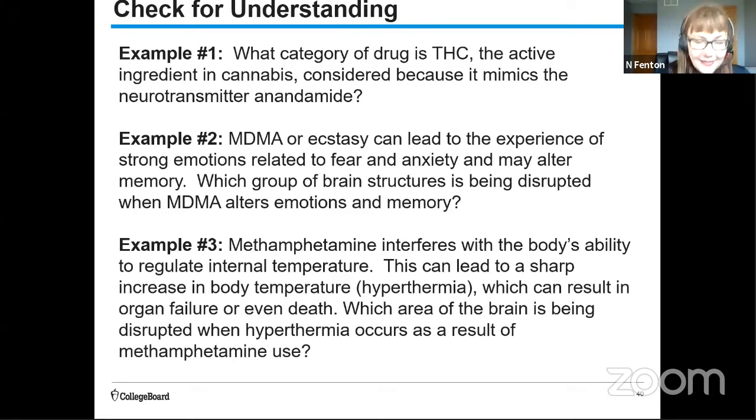Okay. So these are some pretty tough questions. And there's some terms in here we haven't talked about, like anandamide, but you should still be able to answer the question.